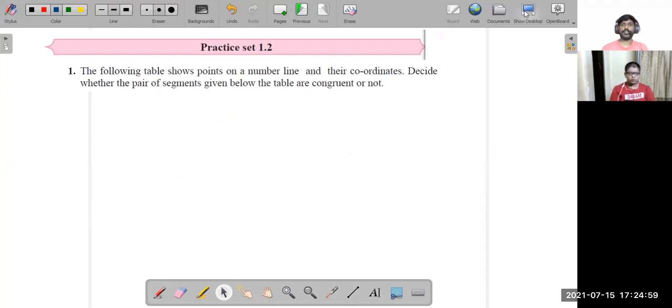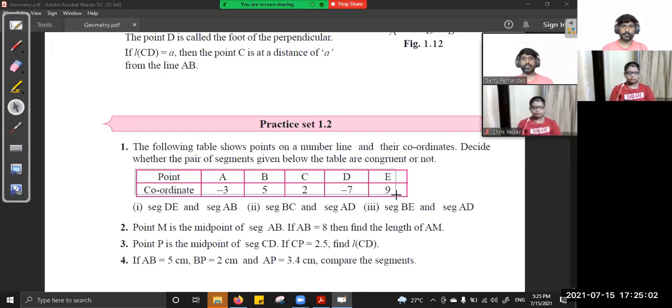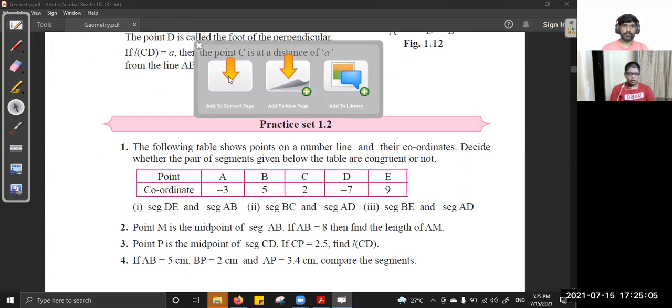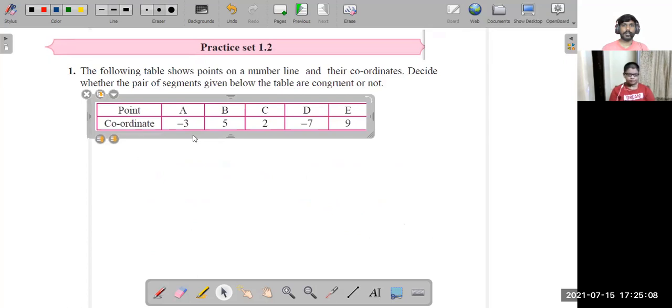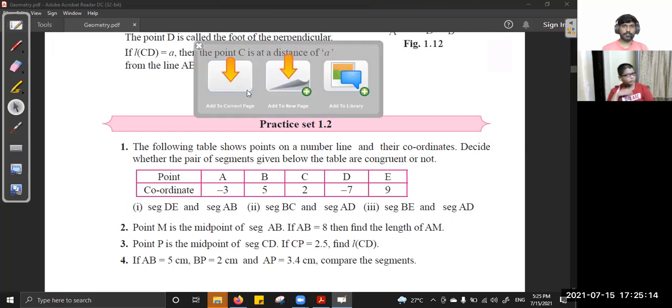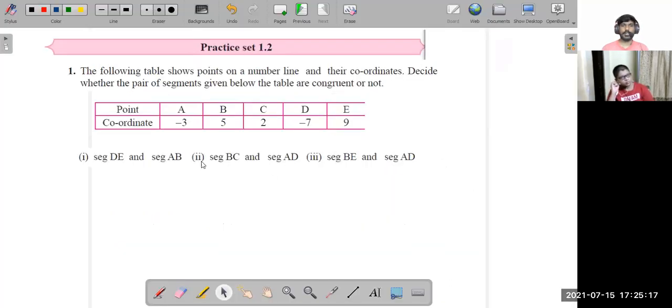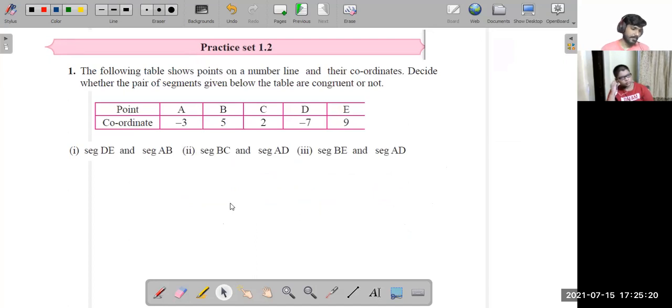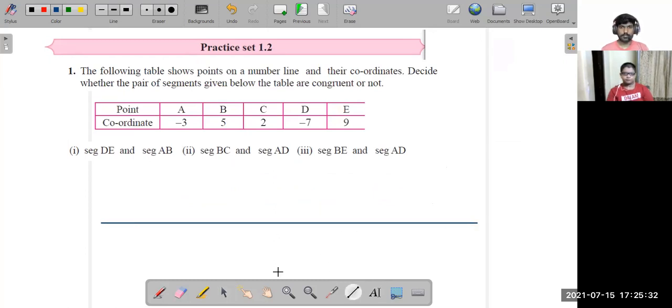You have to decide which pair are congruent. So first, let's draw the number line. I'll draw the number line, right? 0. The highest is 9, no?